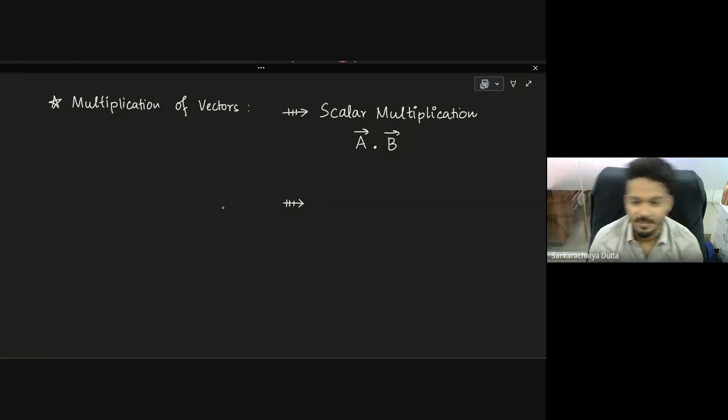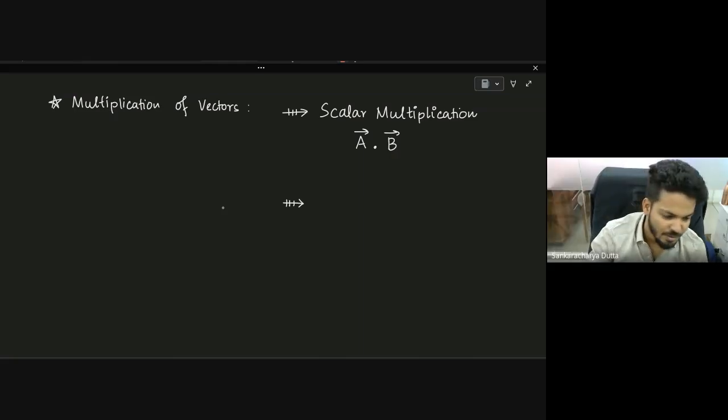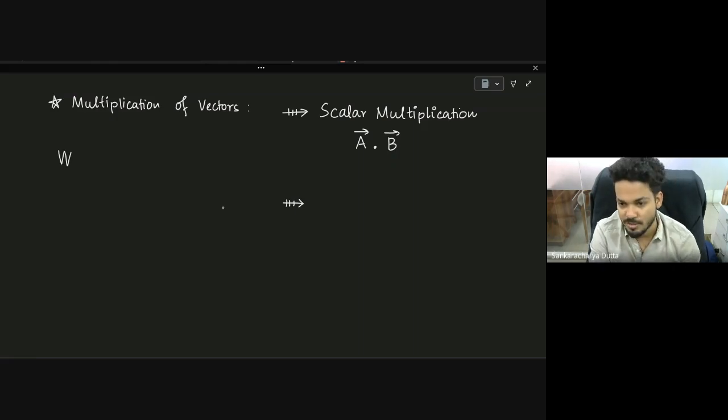Guys, what is the formula for work? Work, sir? Yes. Force into displacement. Yes. The formula for work, which is a scalar quantity, by the way, and it was defined in the first class. Work, power, and energy, all these three quantities have the same unit, joules, and they do not have any particular direction.